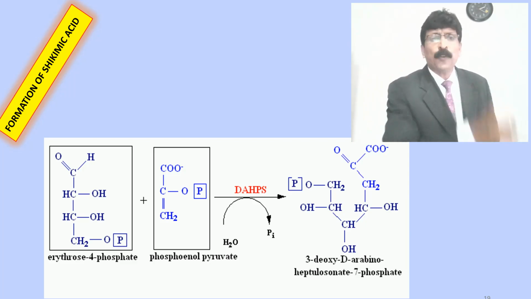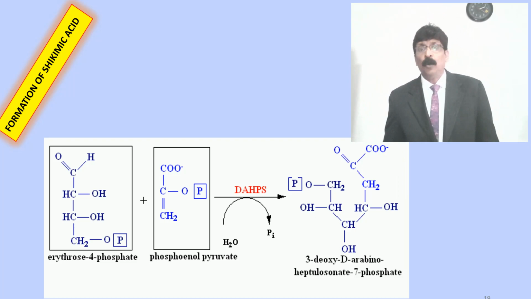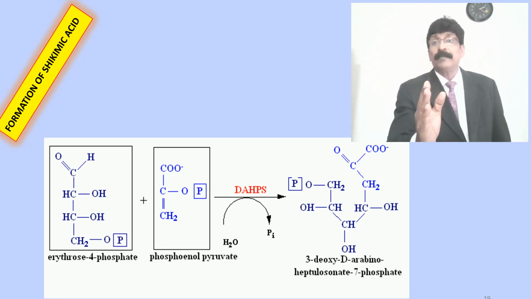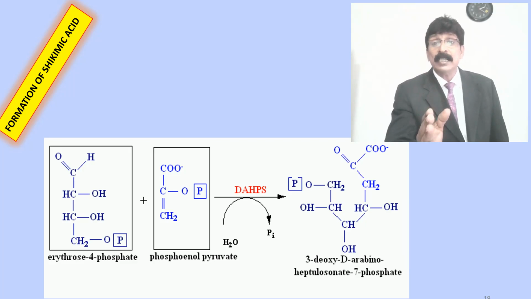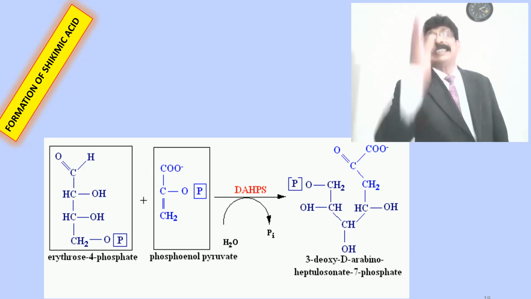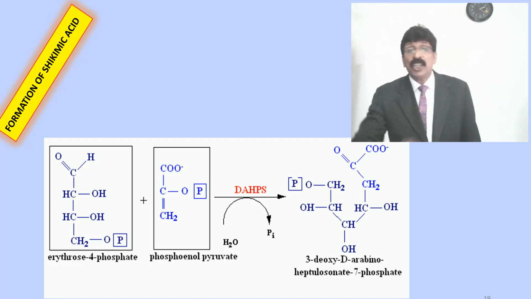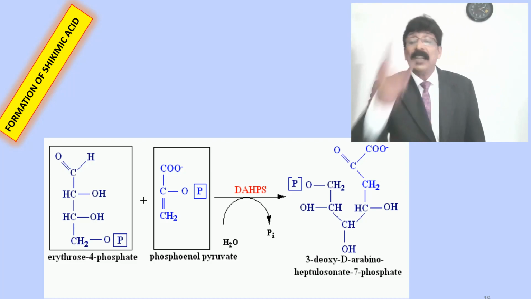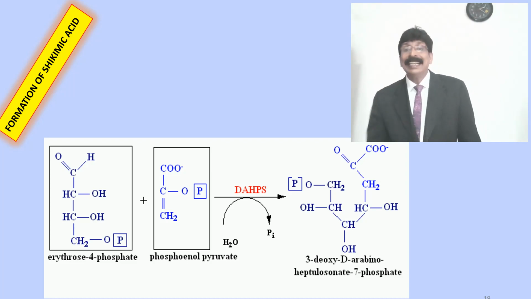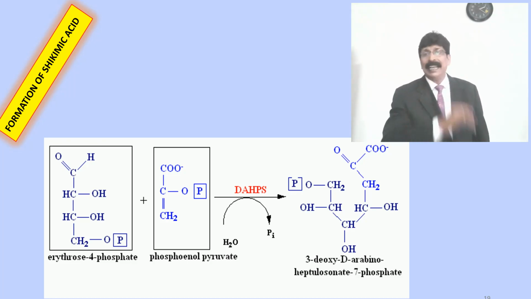Erythrose 4-phosphate has 4 carbon atoms, phosphoenol pyruvate has 3 carbon atoms, and they undergo the action of this enzyme, DAHP synthetase, which makes the 7 carbon compound called 3-deoxy-D-arabino-heptulosonate 7-phosphate.